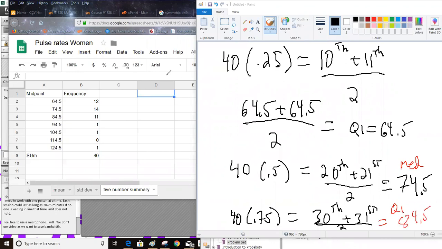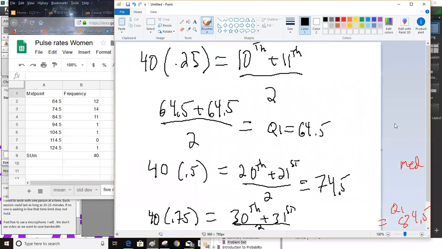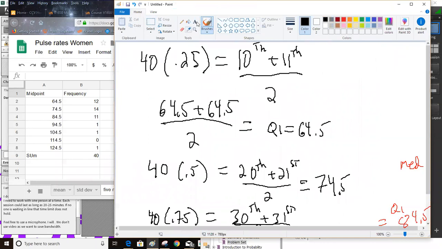Now, I'd like to go back to using the Paint app. Okay, so if I'm looking for the IQR, the IQR, remember, is the difference between Q1 and Q3.